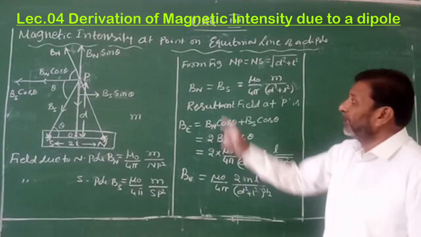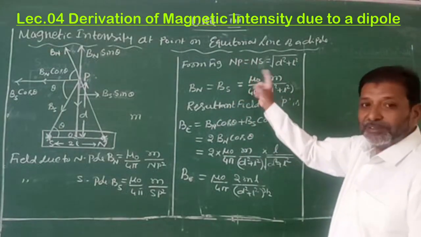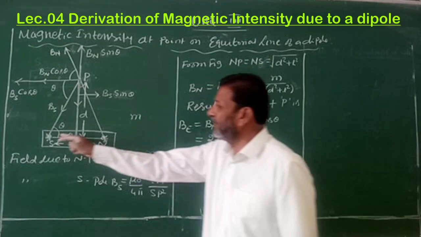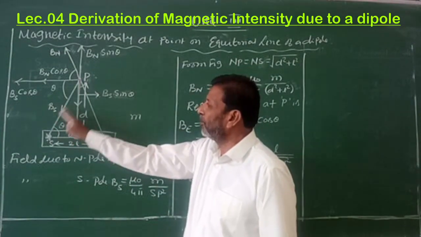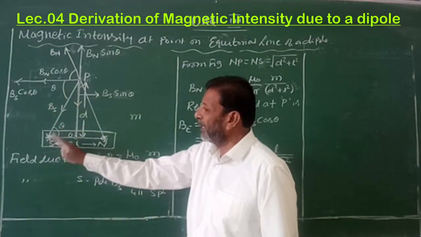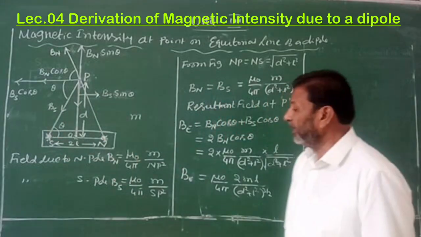Now NP value and NS value are the same. Even you can see that NS square is equal to D square plus L square, and NS is the square root of that.